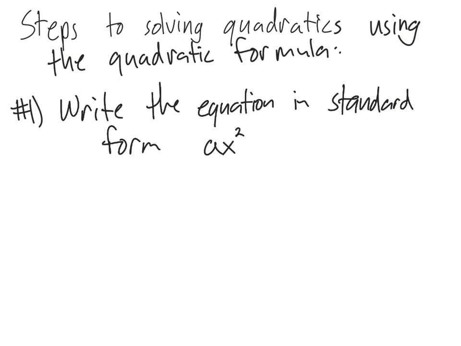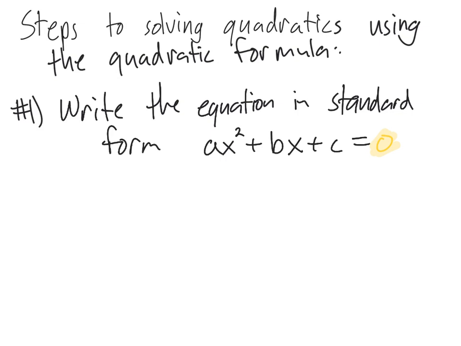A little reminder here, standard form is ax squared plus bx plus c equals 0. Essentially, you're just getting all of your terms to one side and setting the equation equal to 0. So we're setting the equation up so that our output is equal to 0. That's exactly what we want.